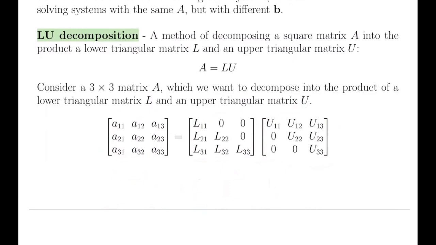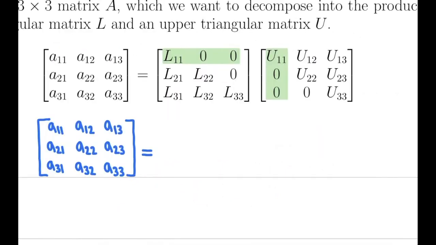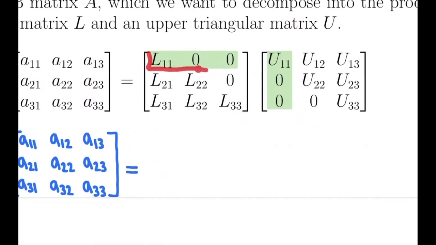Let me rewrite this matrix here. I'm going to multiply these two matrices, starting with the first row of L and the first column of U. The upper left entry of LU is kind of like a dot product, so it's just the first two entries multiplied together. The other terms will be zero. It'll just be L11 times U11.